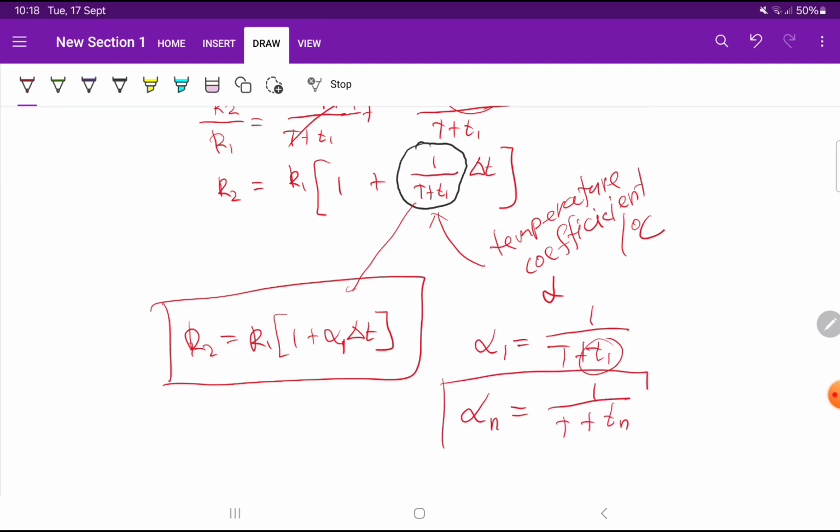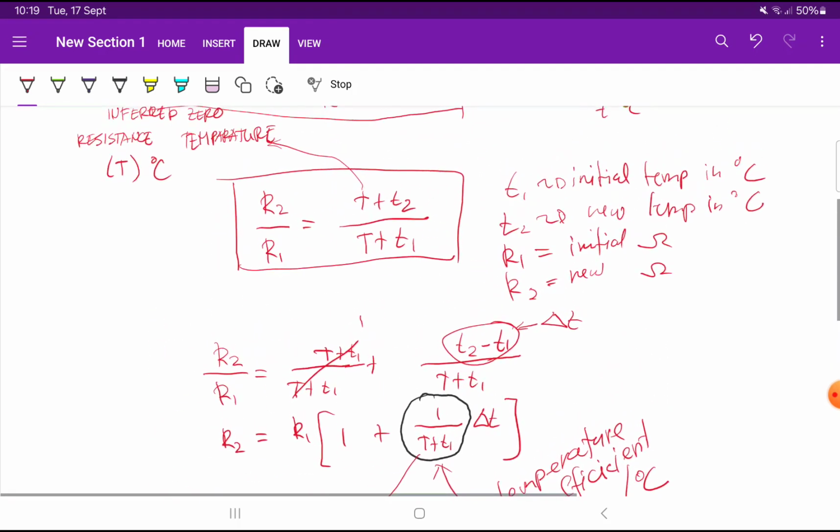The formula for alpha n, the temperature coefficient, is with respect to the actual temperature, and it also depends on the zero resistance temperature, capital T, which is a constant for every material. So alpha will also be a constant for every material if we retain a constant temperature. And I'll also give you, next discussion, the different values of alpha for the different materials.